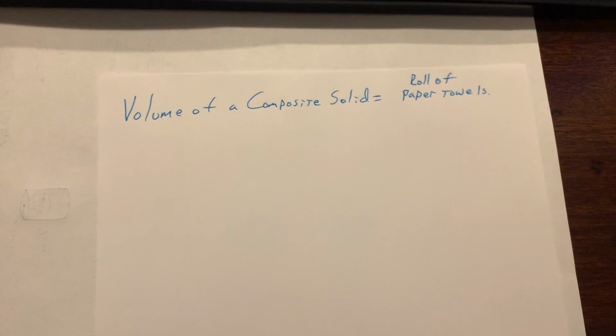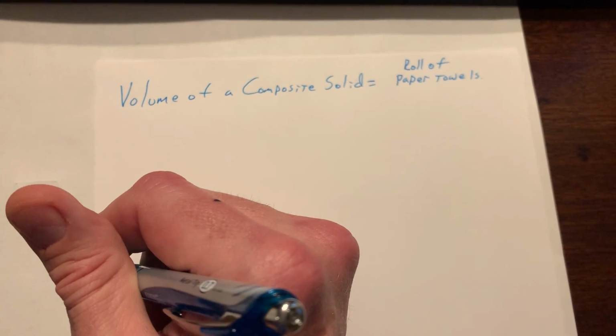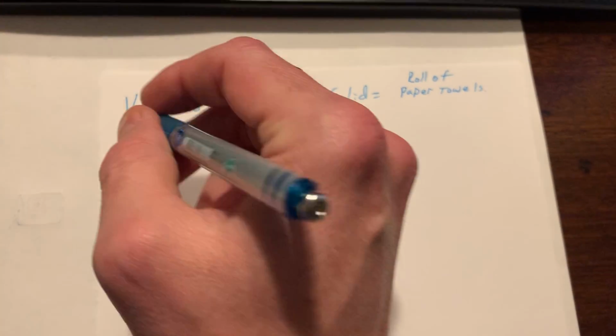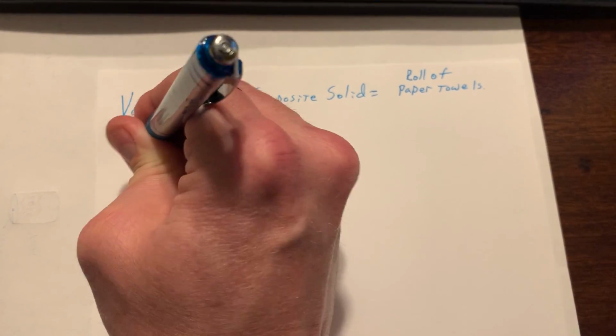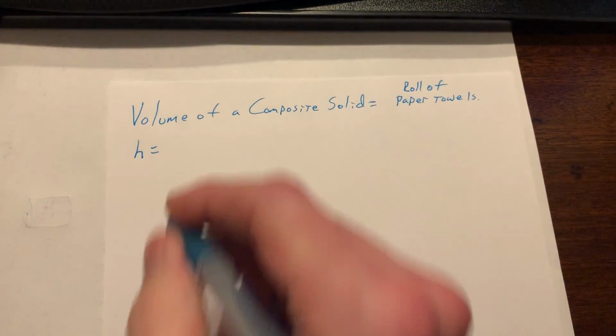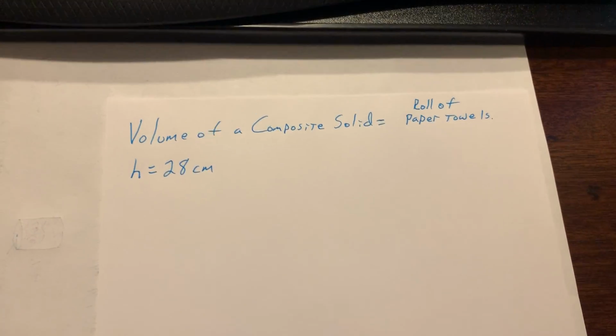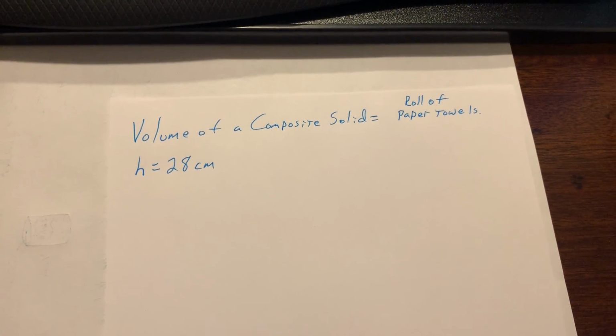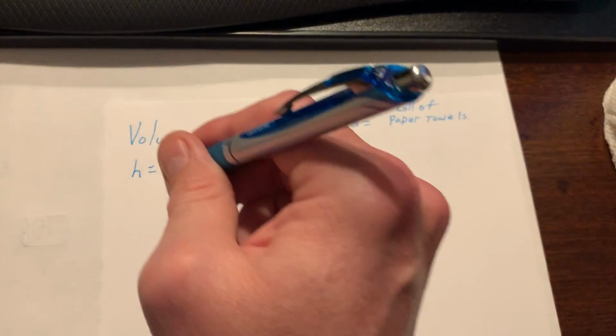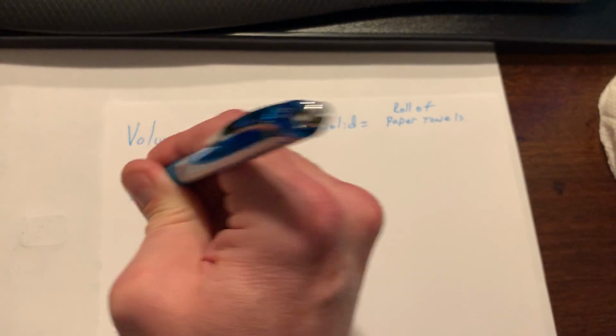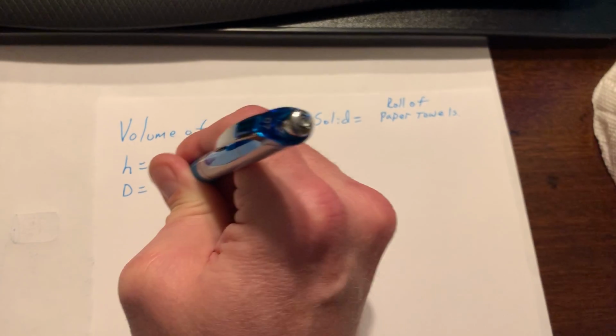To determine the volume of the roll of paper towels, the information that we will need is the height of the paper towels, which is 28 centimeters. We will need to know the diameter of the roll of paper towels, which is 13 centimeters.